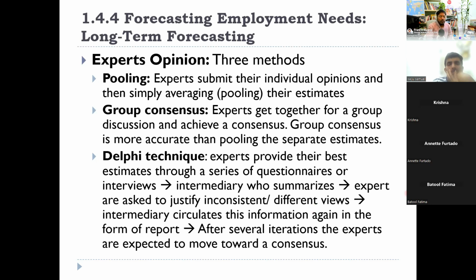So how do you do this with the pooling method? The HR department of this investment bank uses the pooling method to gather experts' opinions on future talent requirements. Individual experts, including senior executives, department heads, and HR professionals, submit their estimates of manpower needs for different business units and functions.